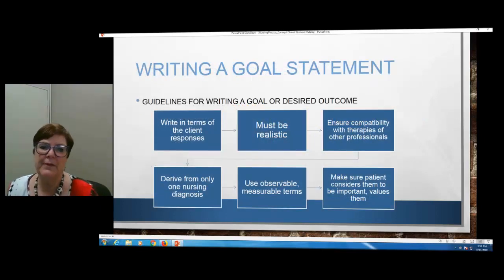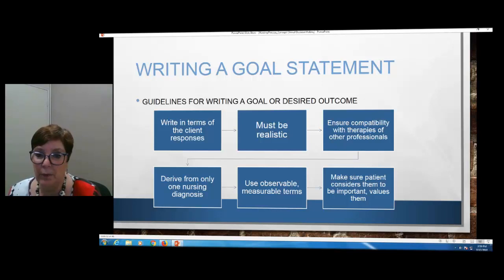We want to write in terms of the client's responses, and like we said before, it must be realistic. We also need to ensure compatibility with therapies of other professionals. So that means we need to collaborate, let's say, with the occupational therapist, with the physical therapist, with the speech therapist. The patient may be having a swallowing issue.